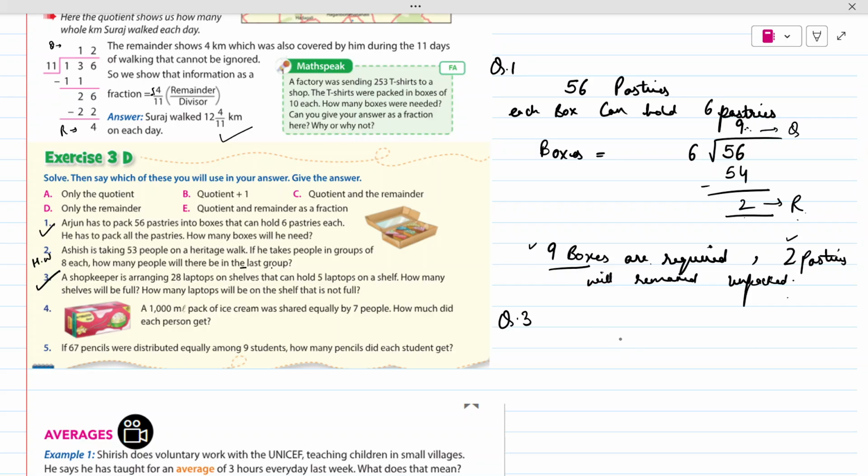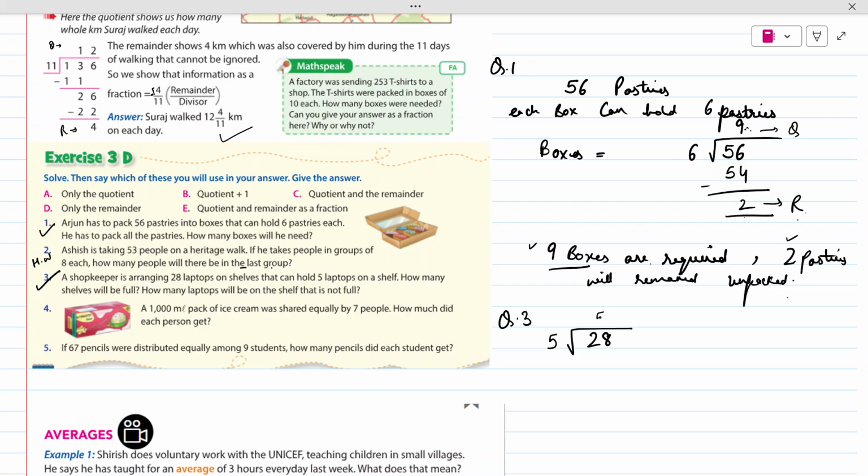So for this, the total number of laptops is 28 and one shelf can hold 5 laptops. In order to find how many shelves will be required, just divide 28, the laptops, by the number of laptops each shelf can hold.